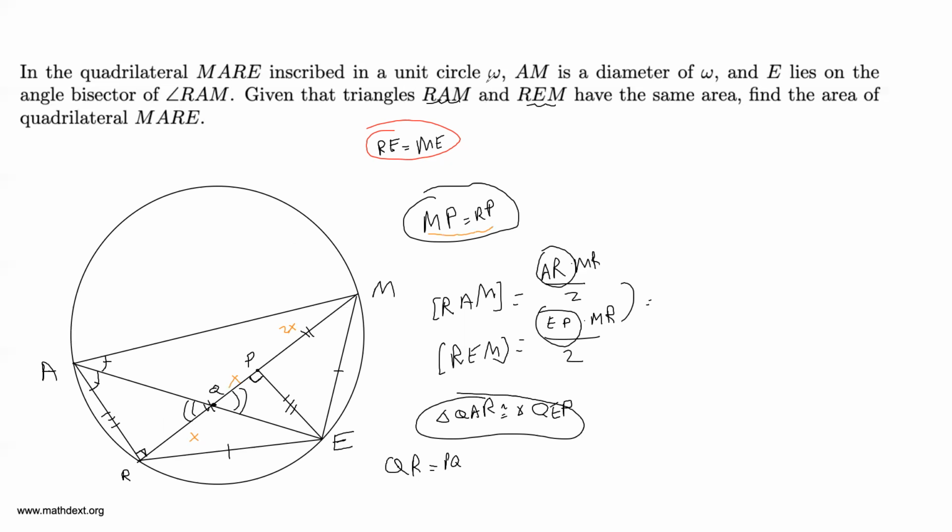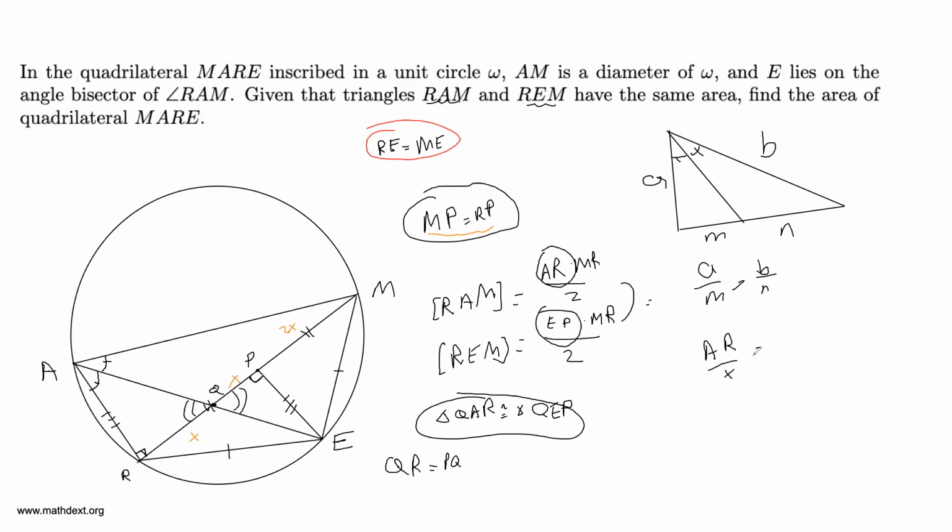Okay, so now what can we do? Since I'm going to draw this separately, in triangle RAM we have an angle bisector, so we can use the angle bisector theorem. It basically says that AR over RQ is equal to AM over MQ. In this case, we have AR over x is equal to AM over 3x.